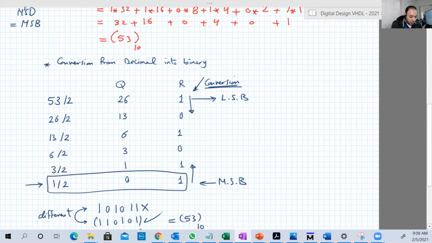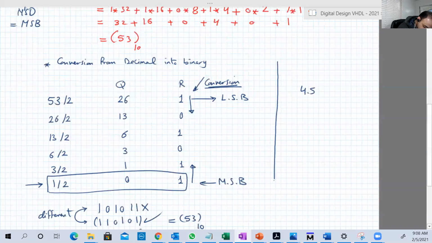So basically, we learned that a number like 4.5, this is just an illustration, can be written as 9 divided by 2. That's good, which is 4.5, right? So we can write this 9 by 2 or 4.5 as 4 and a half, just like what we say it. Okay, good.